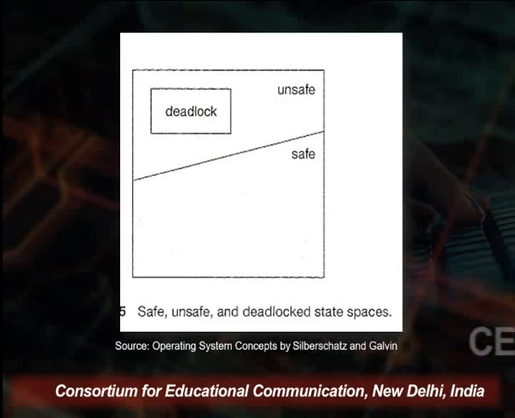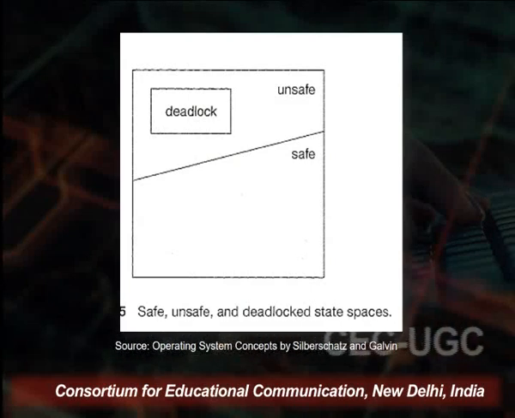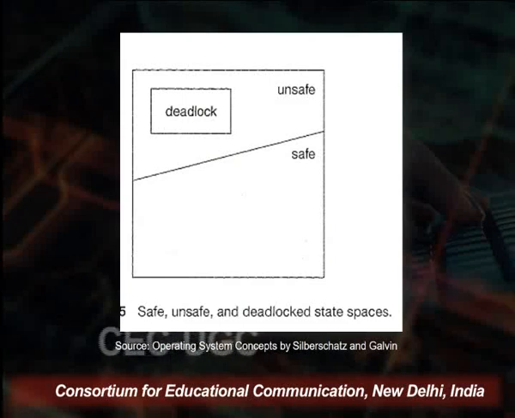We have the safe state, the unsafe state, and the deadlock state. The safe state is very clear, we have a safe sequence here. Then we have an unsafe state, but not all unsafe states result in a deadlock, whereas the whole of the deadlock part lies inside the unsafe zone.